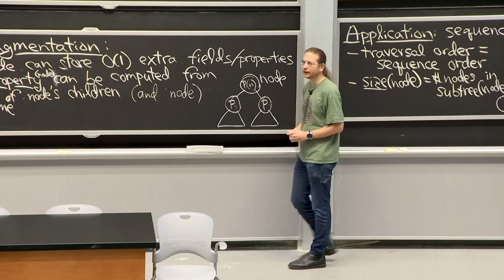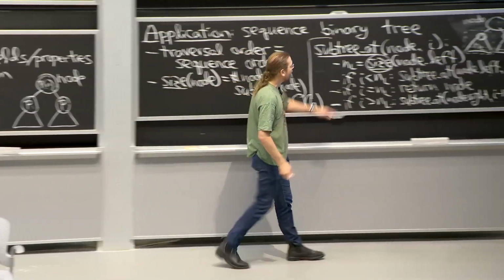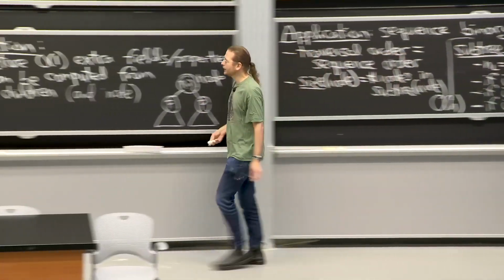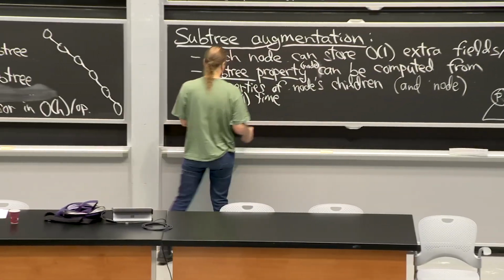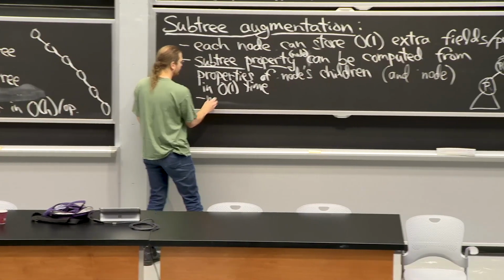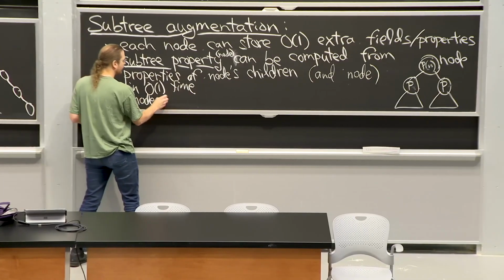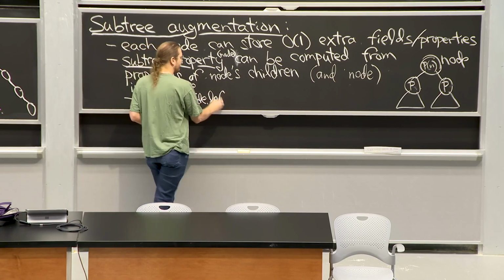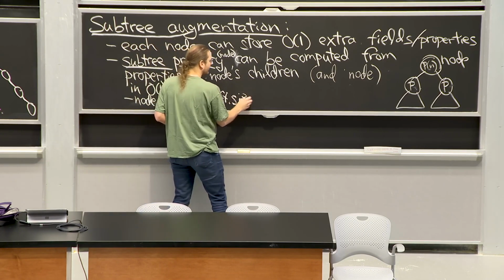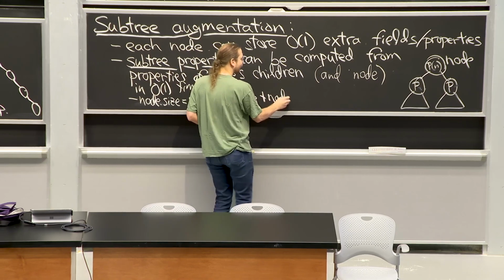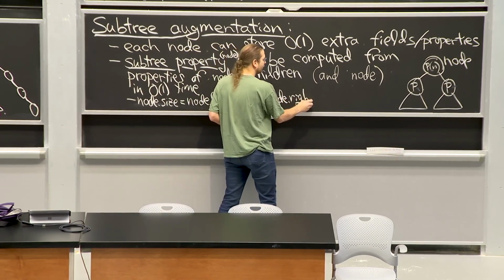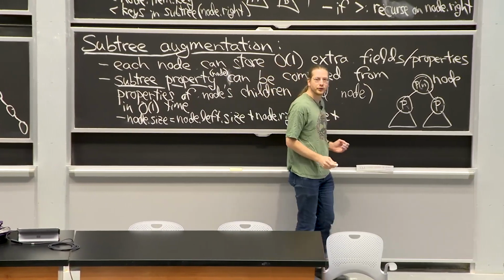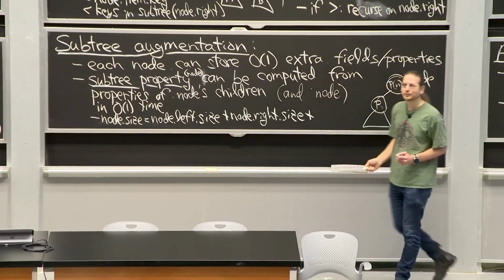That's a subtree property. Now, in particular, size is a subtree property. Why? Because I can write this kind of recurrence: node.size equals node.left.size, this is very tedious to write, plus node.right.size plus 1.